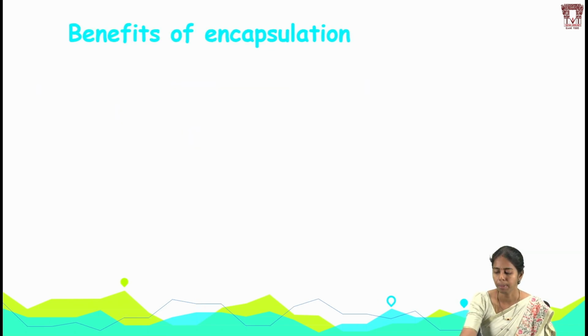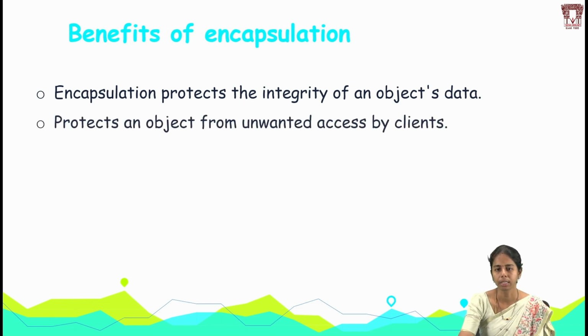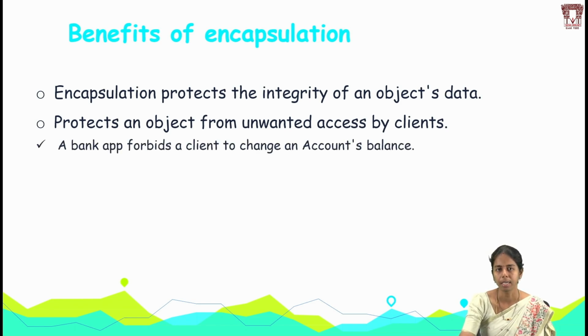Next, what are the benefits of encapsulation? Encapsulation protects the integrity of data objects. It also protects against unwanted access by the client. Unwanted data is not exposed to the user. As I said, in a bank app the client can change an account balance, but he just sees the account balance, the transactions he has done, and whatever statements he wants.